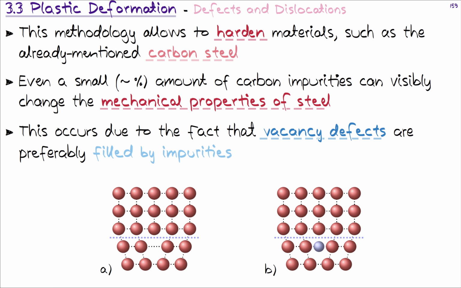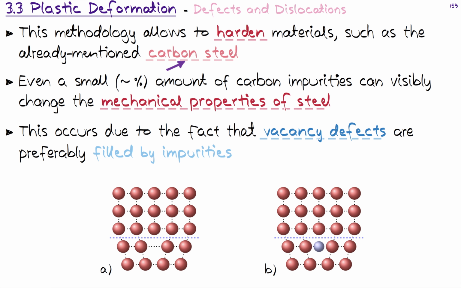And this is what was shown in the figure earlier in the final part, and now I'm repeating that. So when we are intentionally adding an impurity here into the place of a vacancy site, we see that the atoms can no longer move, and this is really the mechanism on a microscopic scale that explains what happens on a macroscopic scale.